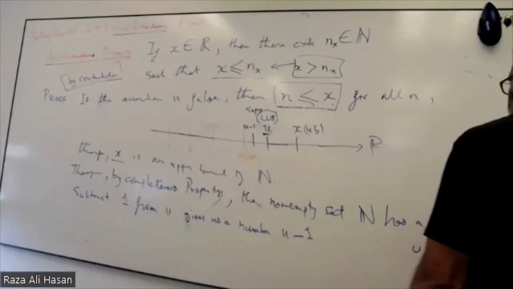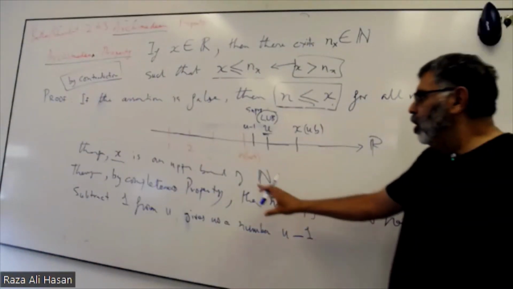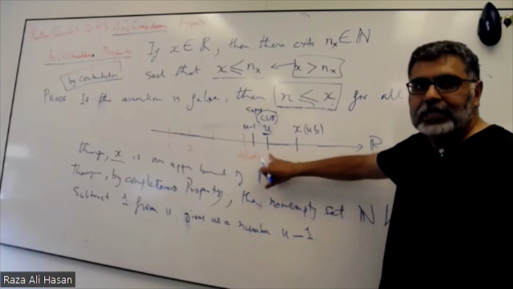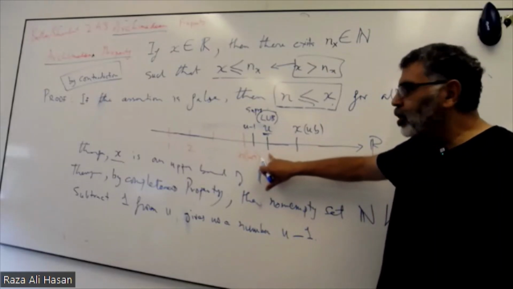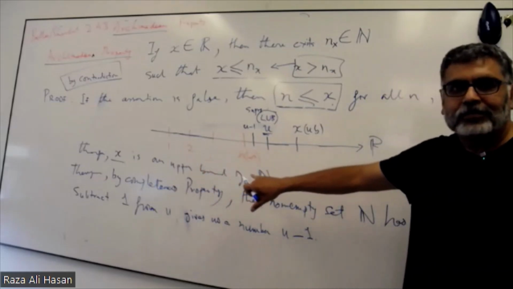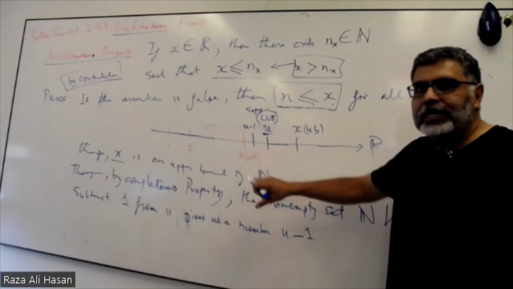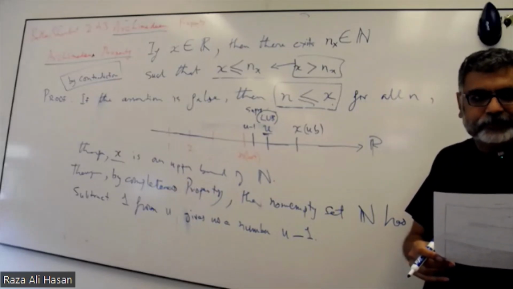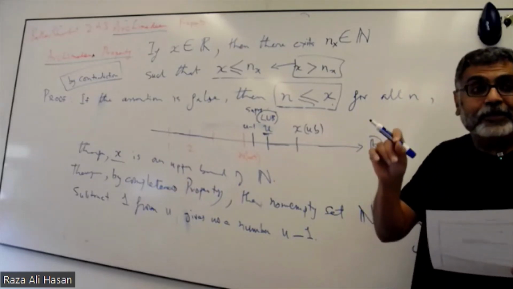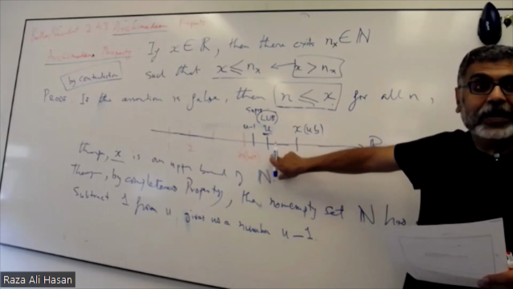Okay, so let's now think about what's happened to us. We have a real number, this is the least upper bound of the set of natural numbers. What is u minus 1? It's a real number that is smaller than our least upper bound.